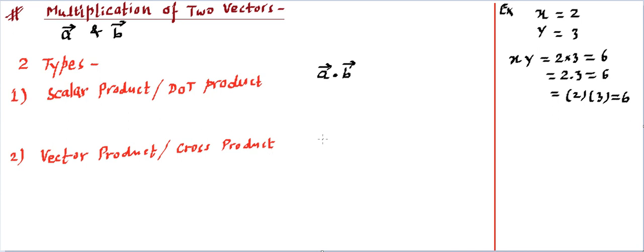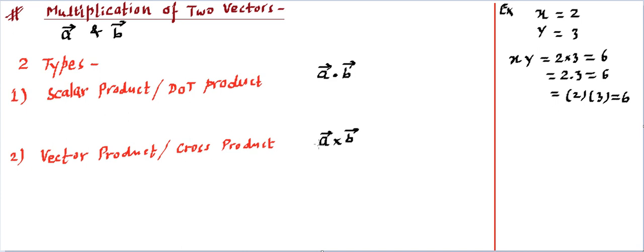Now if we place a cross in between A and B, this will be known as A vector cross B vector, and this will be known as vector product or cross product. So dot will have a different meaning in multiplication of vectors, cross will have another meaning in case of vector multiplication.